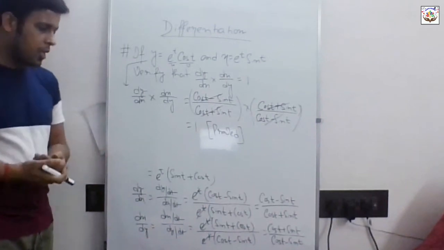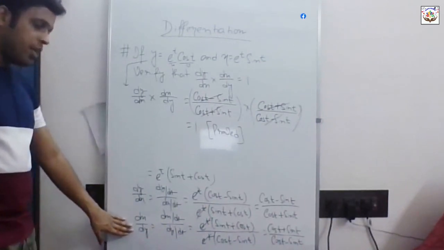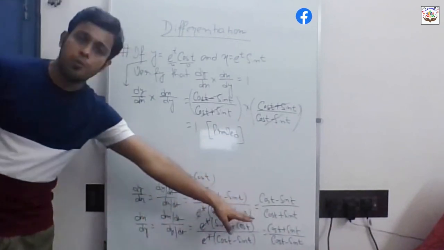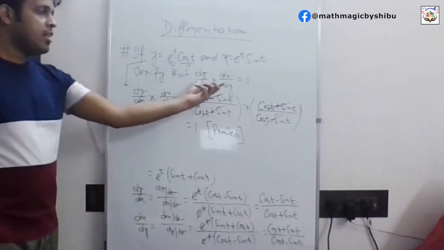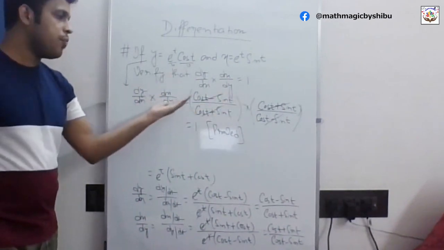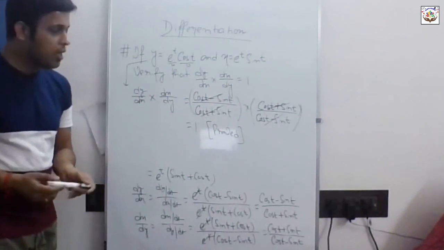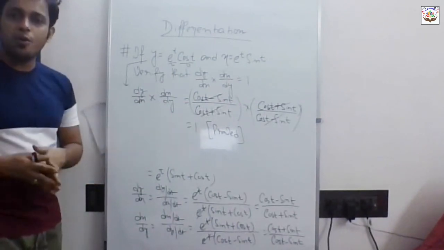As simple as that. Now you have the value of dy/dx and you have the value of dx/dy. So to verify the result, you have to multiply these two results, and if you multiply these two, you will definitely get 1 always. Okay. So we'll move on to our next problem.